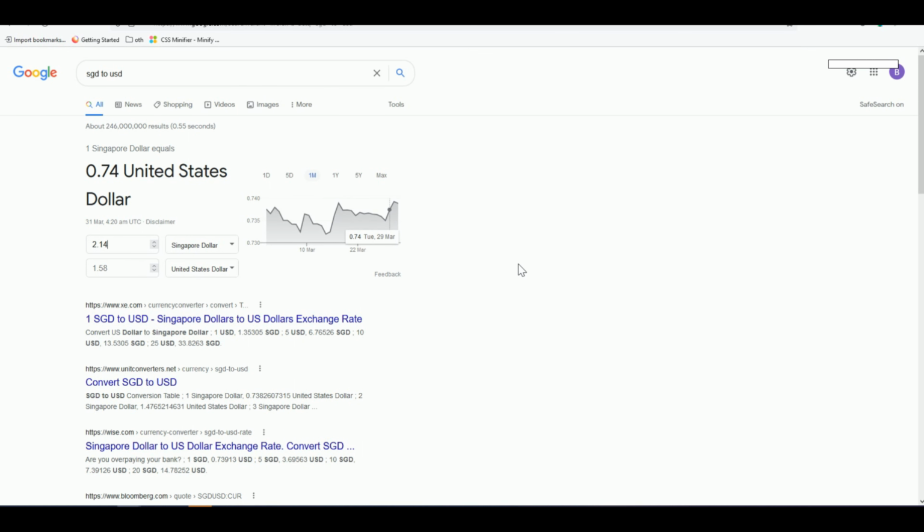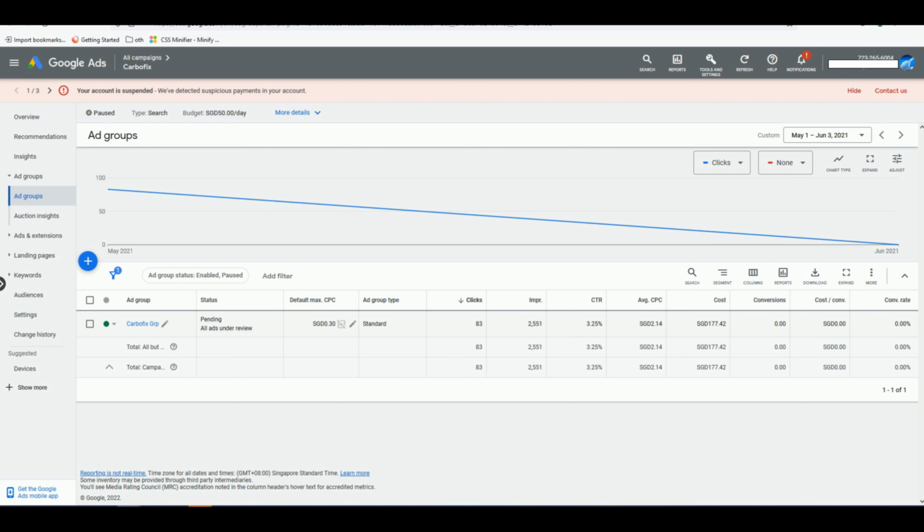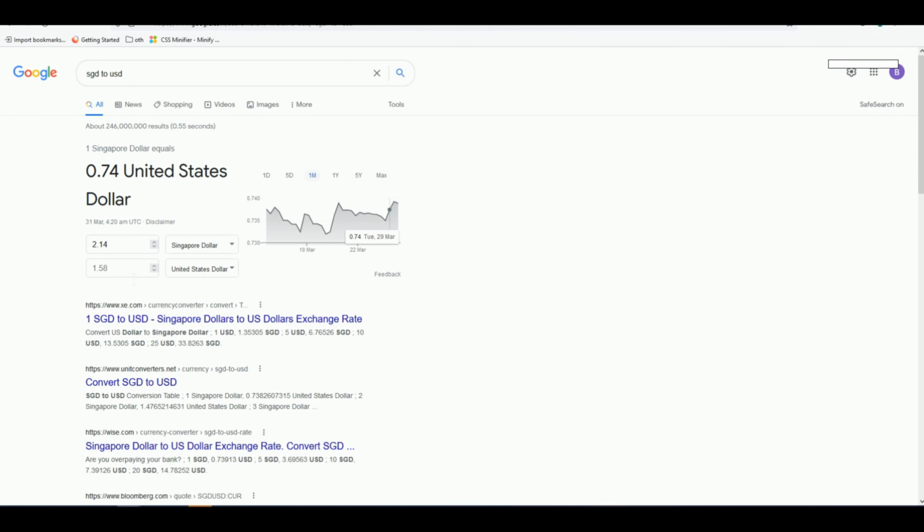So it's not that bad. It's okay. We got 83 clicks, and we have a total spent of 177.42 Singapore dollars. So that's around, let's say 178. That's around 131 US dollars.